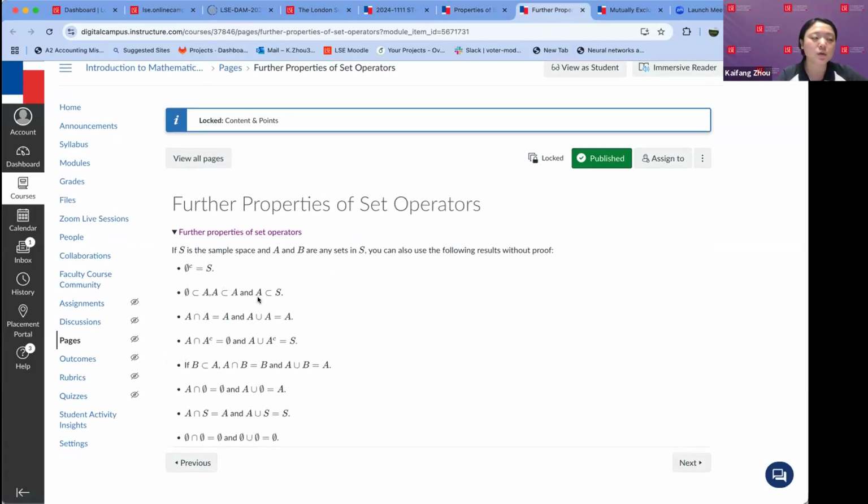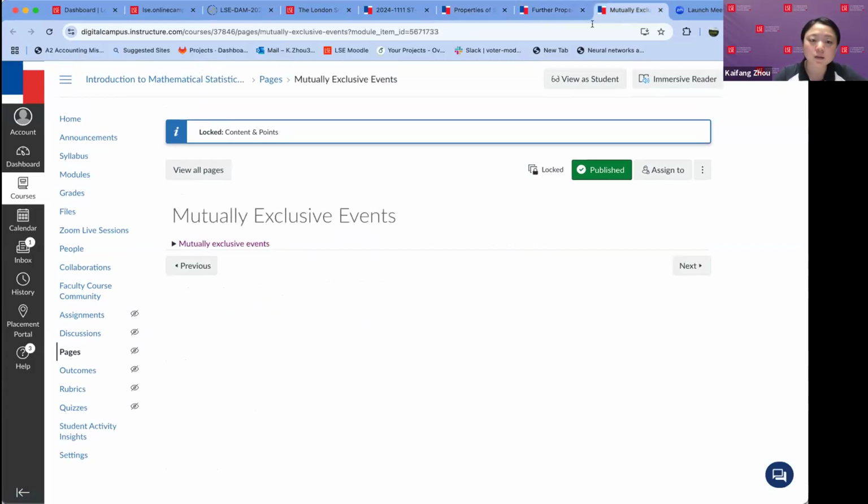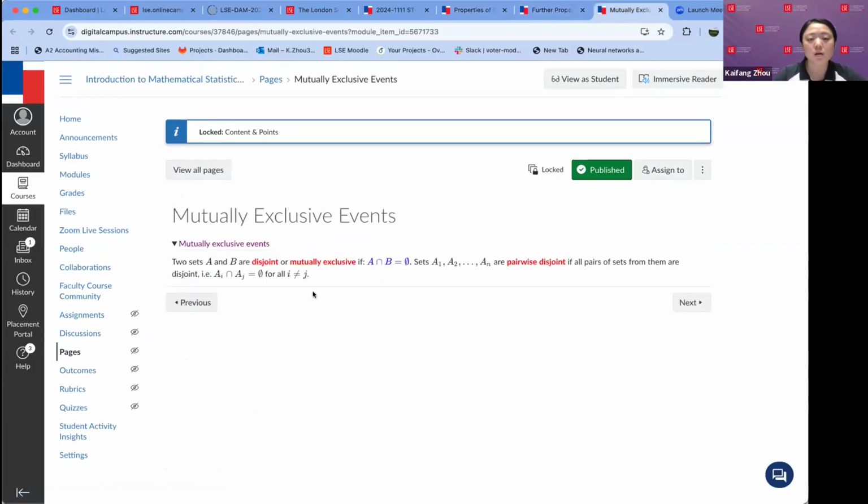Why is that? Because we probably will give you one question and ask you to derive a proof to show, for example, that event A and event B are independent. And you need to understand what it means when we say two sets A and B are mutually exclusive.